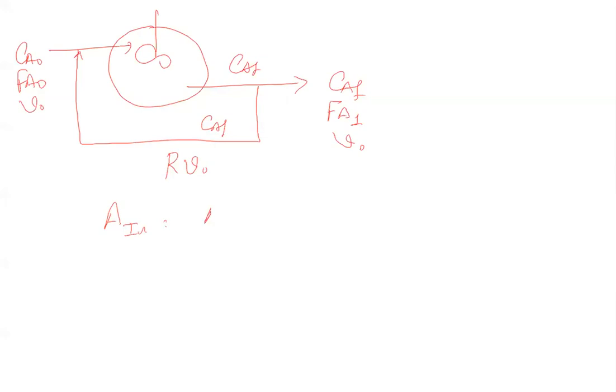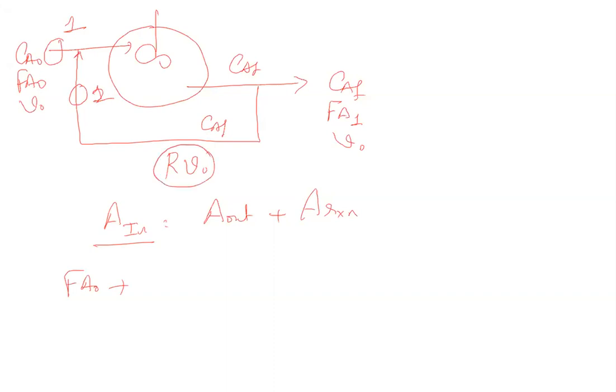A into the reactor is equal to A out of the reactor plus A which is reacted. What is A into the reactor? A is going into the reactor from two sources. One is this source, another one is this source. This is 1 and this is, let's say, 2. So A into the reactor is FA naught plus what is A at 2?